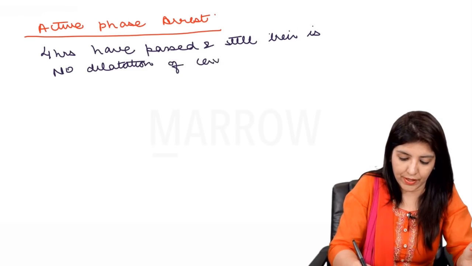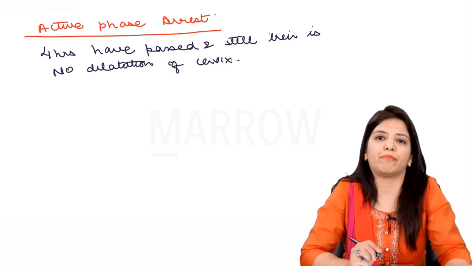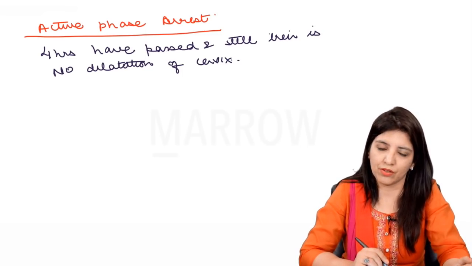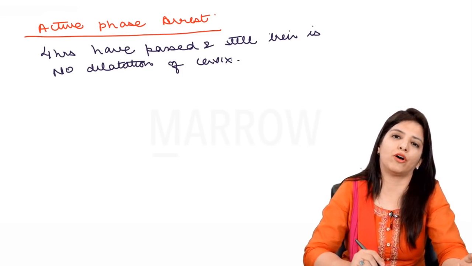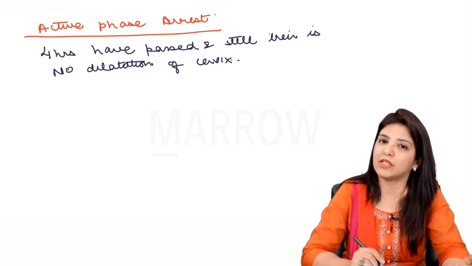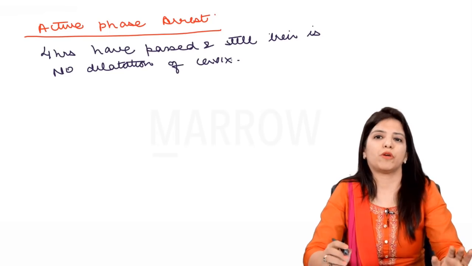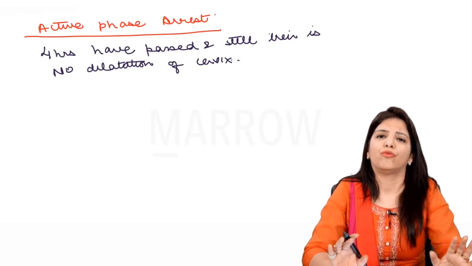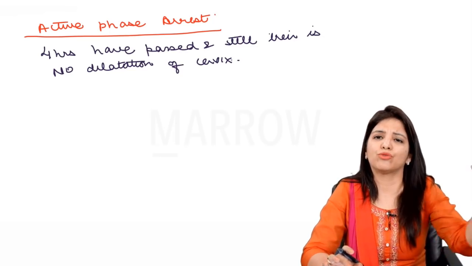What do I mean by that? Suppose a patient was admitted to you at 10 o'clock in the morning, and when you did a per-vaginal examination, her cervix was 6 centimeters dilated. That means this patient was in the active phase. Then you went for your OPD, you had to do a cesarean.